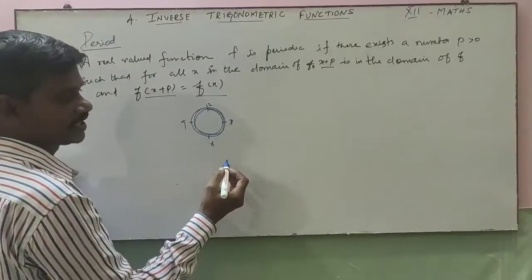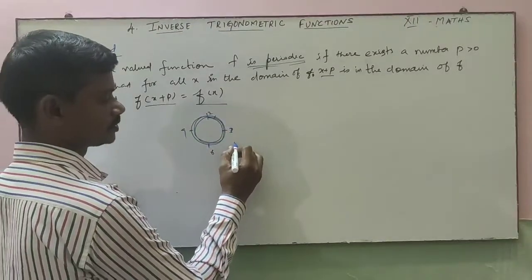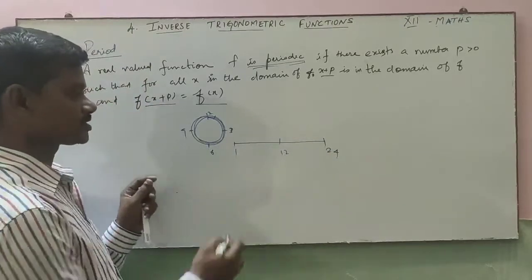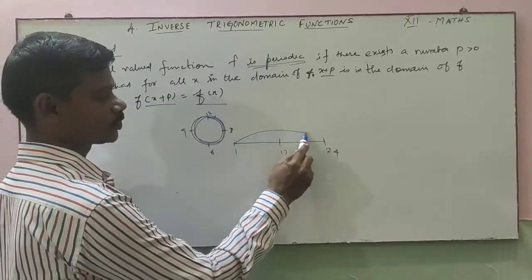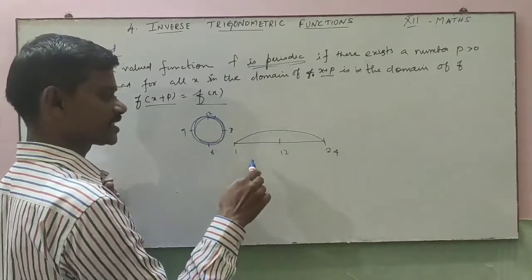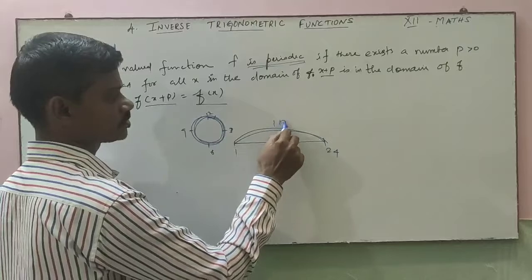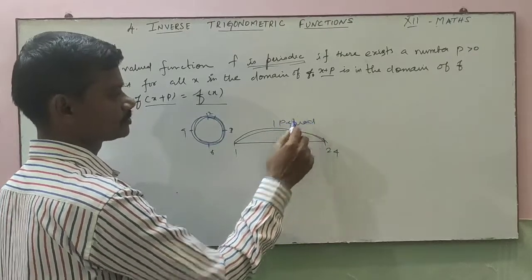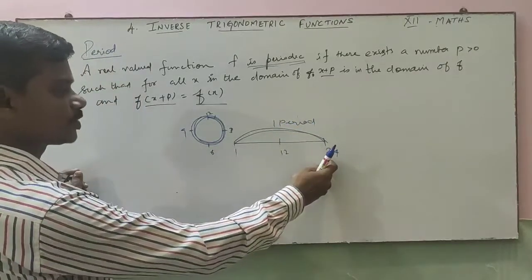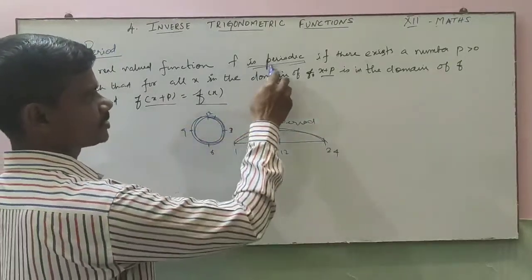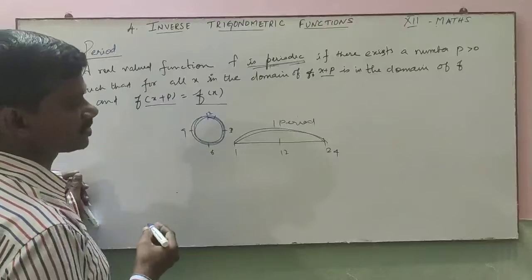Like that, for one day it goes up to 24 hours. For the second day we again start from 1 to 24 hours. So 1 to 24 is called one period. Then again we start from 1 and it moves like this. So this is called the periodic function.